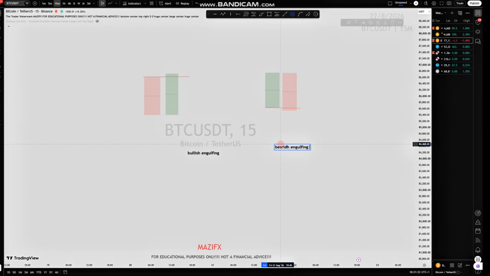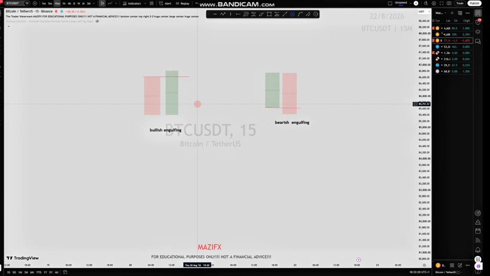Oh, so mistake here. Sorry guys. That's not how to spell bearish. Bearish. Bullish engulfing, and this one is a bearish engulfing.